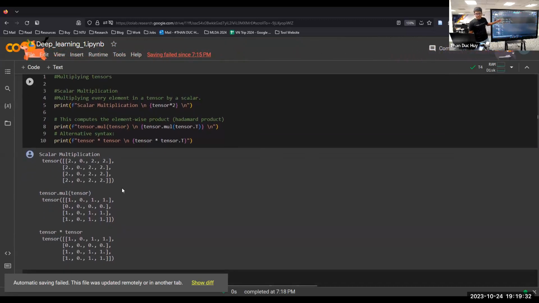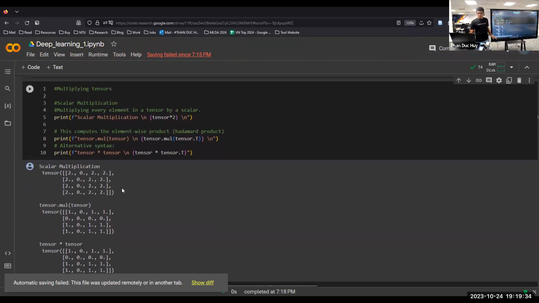The next one is element-wise multiplication. What we are doing here is getting the first tensor and multiplying it with the transpose of the tensor. As you know, there are zeros in the columns of the first tensor, and in the second tensor there are zeros in one whole row. So when you multiply, the new tensor has a whole row and a whole column which is 0.